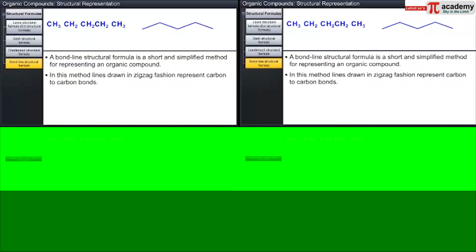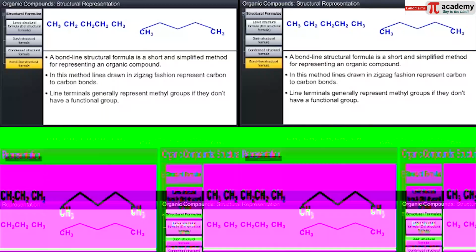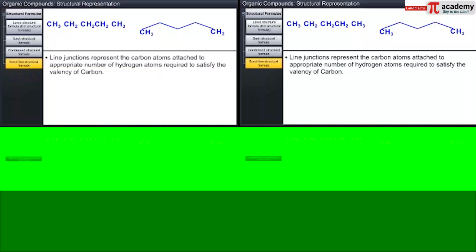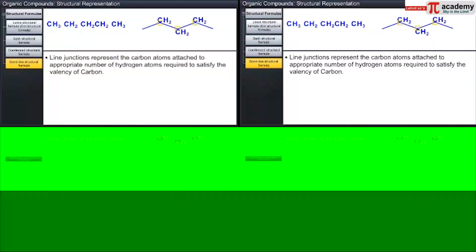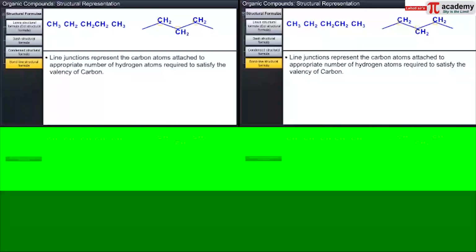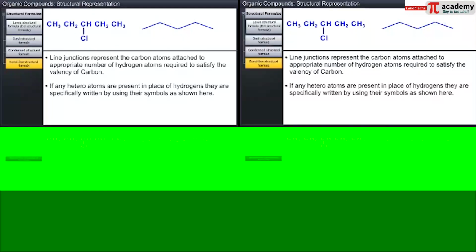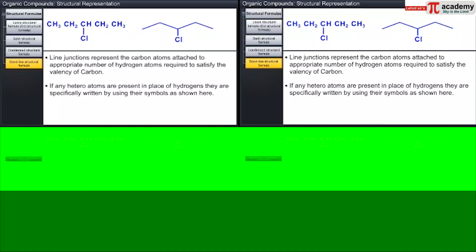Lines represent carbon-to-carbon bonds, and line terminals generally represent methyl groups if they don't have a functional group, whereas the line junctions represent the carbon atoms attached to appropriate number of hydrogen atoms required to satisfy the valency of carbon. If any heteroatoms are present in place of hydrogens, they are specifically written by using their symbols as shown here.